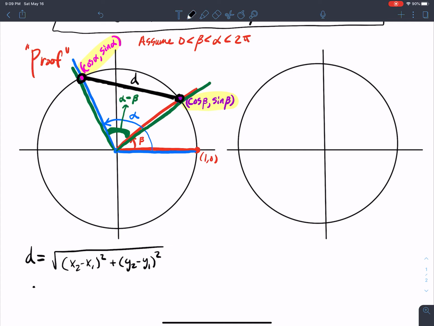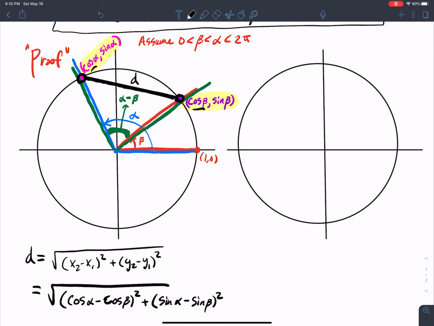So this distance is equal to the square root of cosine alpha minus cosine beta squared, the x values, plus the difference in the y values, sine alpha minus sine beta squared. Close it up. That's that distance right there. I'm going to call this D1.